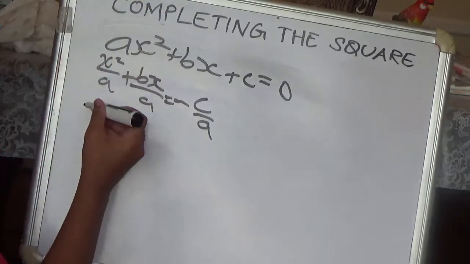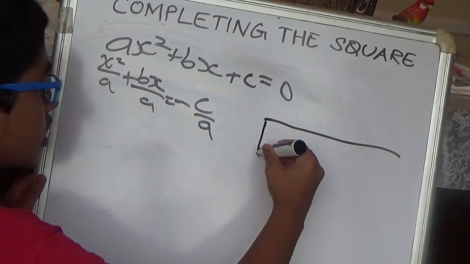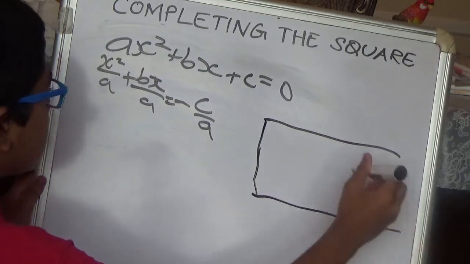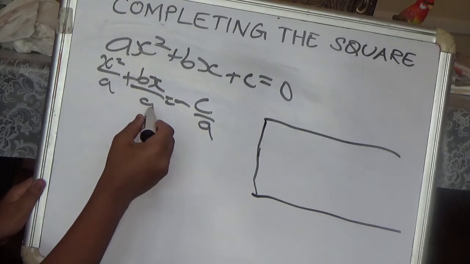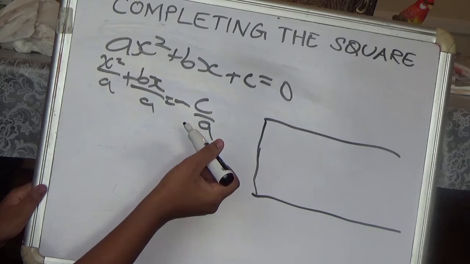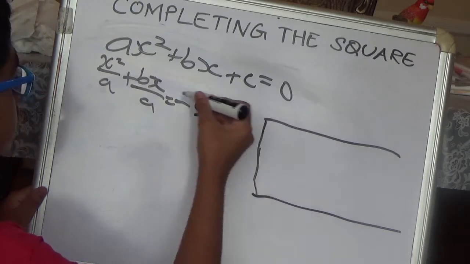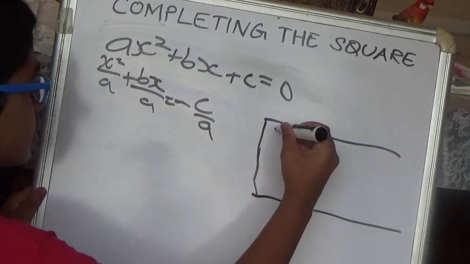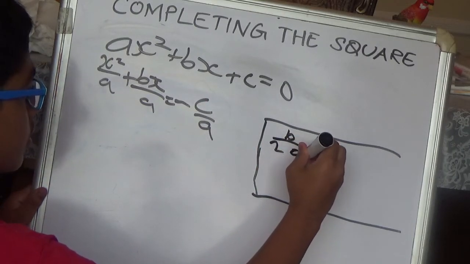Sorry for my bad handwriting. It may have been a little confusing last time, but I hope it'll be clear now. We have b over a, so we divide that by 2, which gives b over 2a.